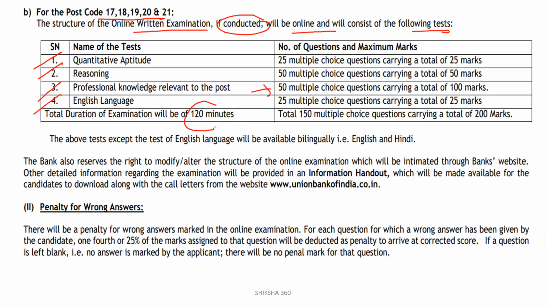The test duration will be 120 minutes, with a total of 150 questions to be answered in 120 minutes. The level of the questions will not be very high. There are 25 questions of quantitative aptitude, of 25 marks, one question 1 mark, and 50 questions here of 50 marks.